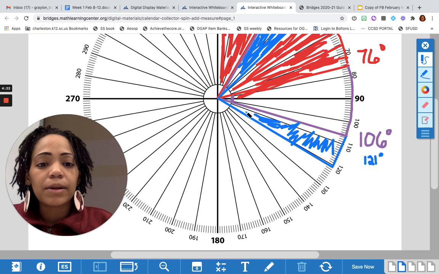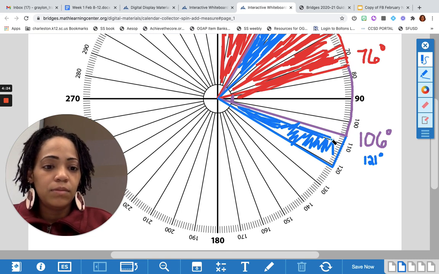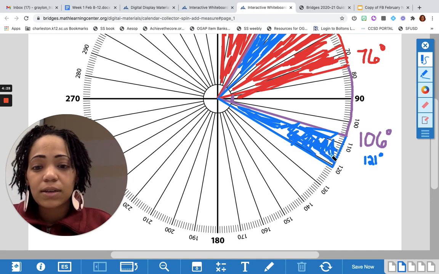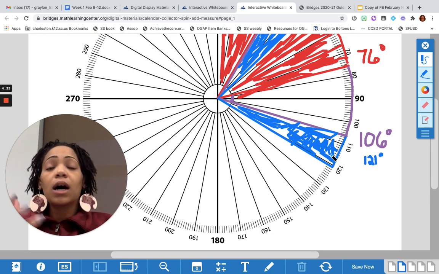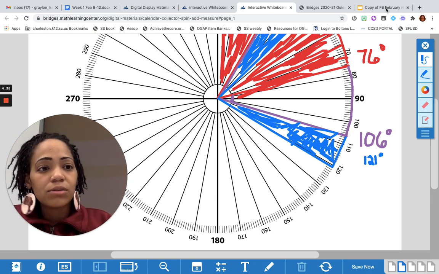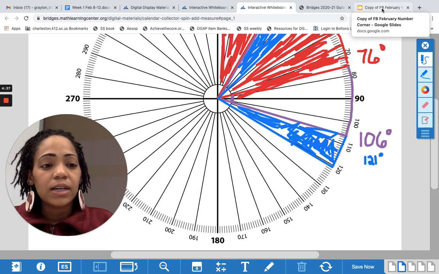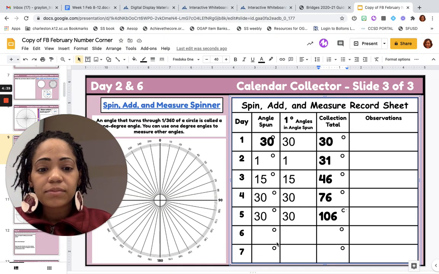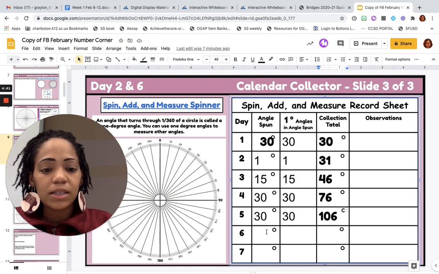What would you say about it? What kind of angle is it? Yeah, it is an obtuse angle. So let's fill that in on our collector chart. So today we spun.